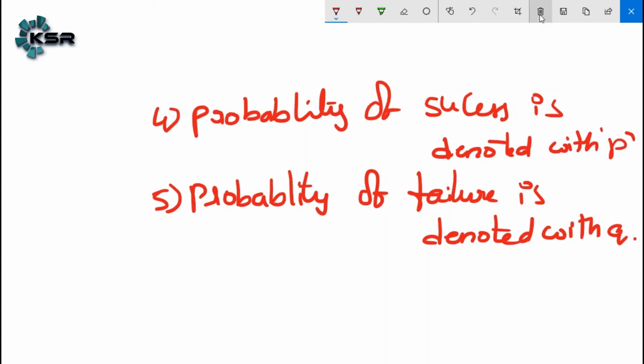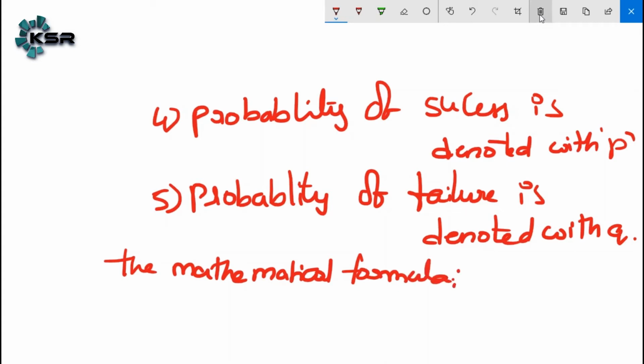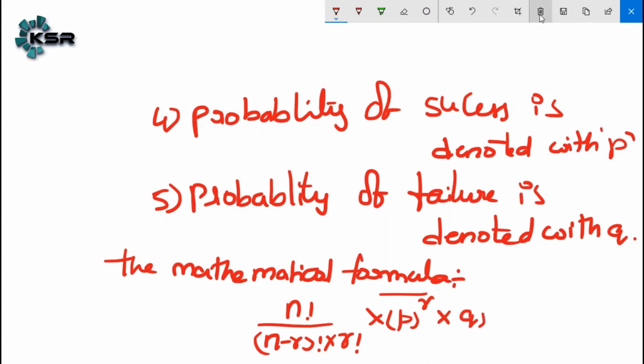The mathematical formula is n factorial by (n minus r) factorial into r factorial, p to the power of r into q to the power of (n minus r).